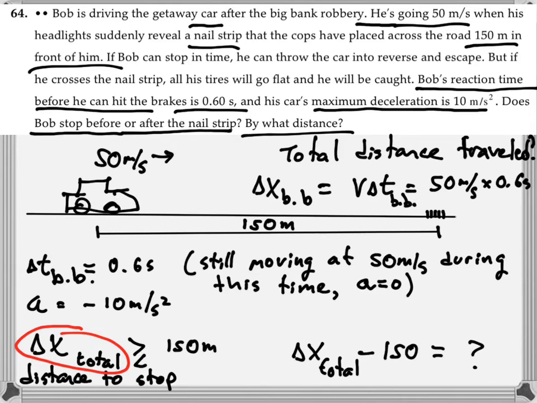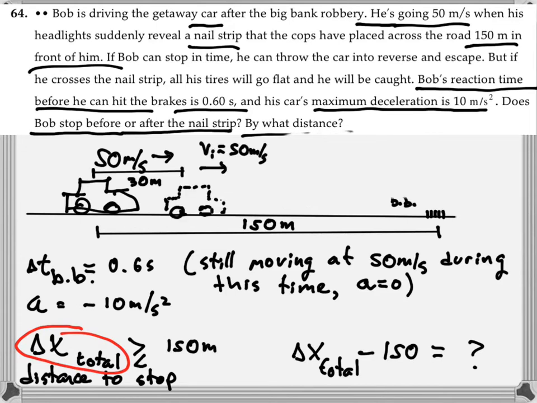So the distance the car travels before braking, delta x BB, is the velocity of the car times delta t BB. That is 50 meters per second times 0.6 seconds, which gives us the distance traveled during that time. So Bob moves 30 meters before he actually steps on the brake.